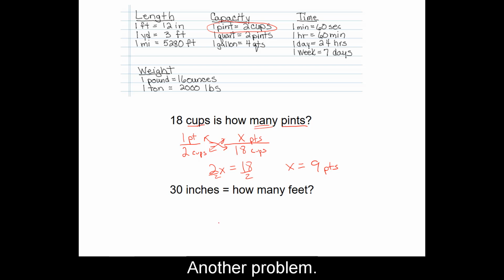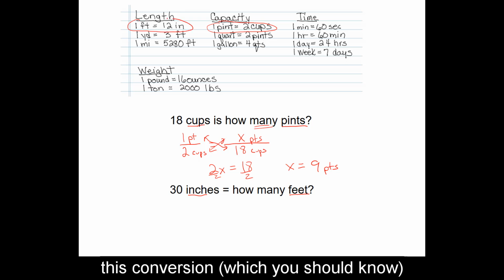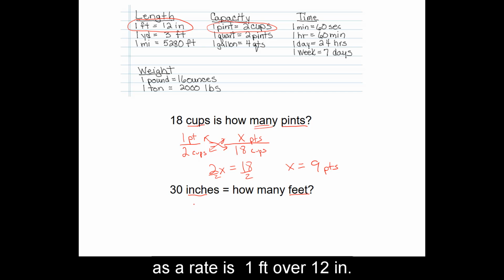Okay, let's do another one. Here we have 30 inches, and they ask for how many feet, so we want to look for the conversion between inches and feet. That's a length, so we come up here and we find this conversion, which you really should already know. And so let's go ahead and write that as a rate.